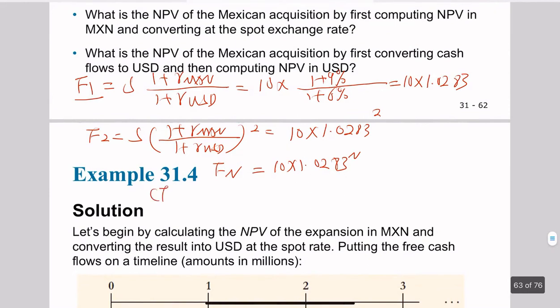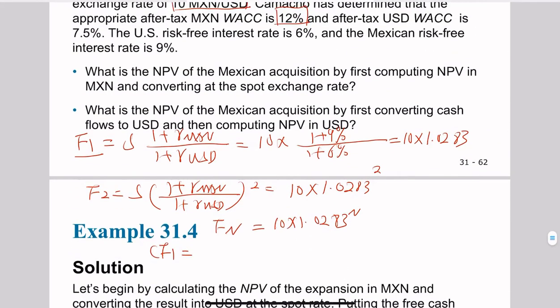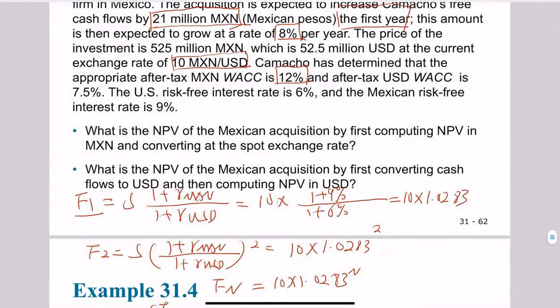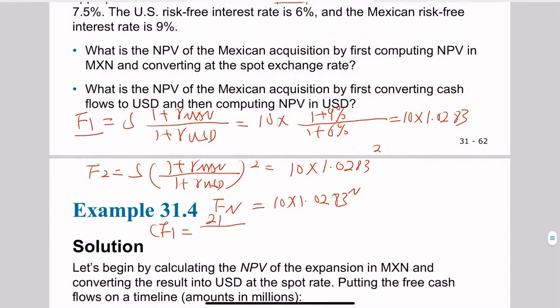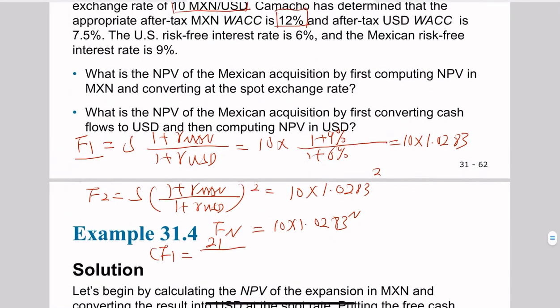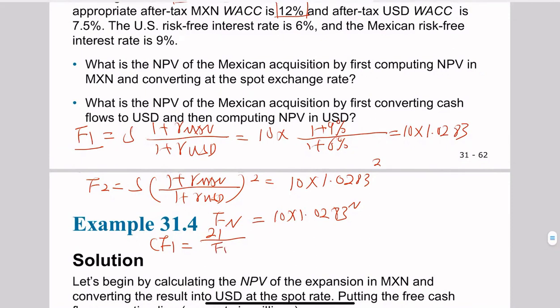The first cash flow, CF1, would be 21 million divided by F1, that is the forward exchange rate in 1 year. This will convert the cash from MXN back to USD.